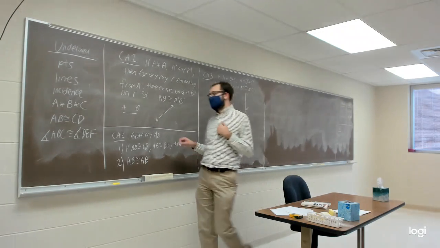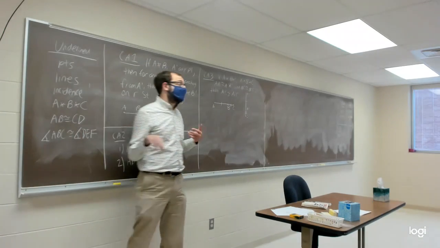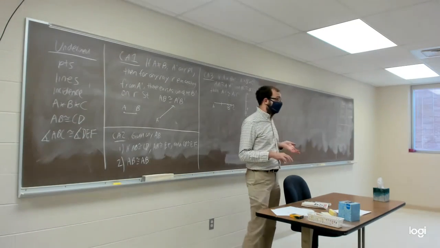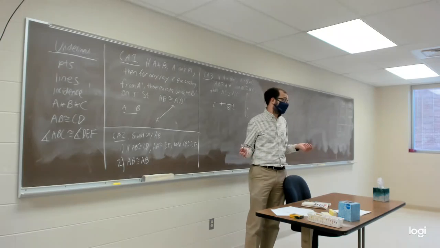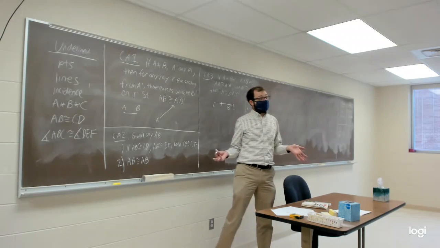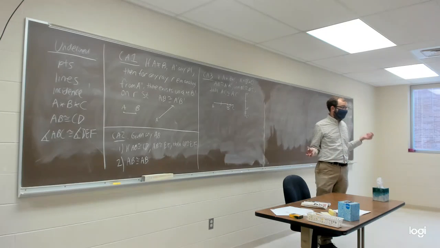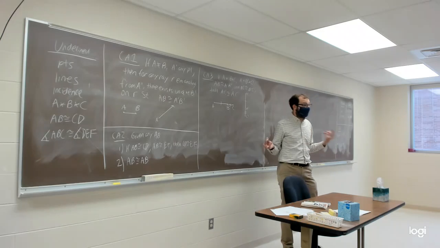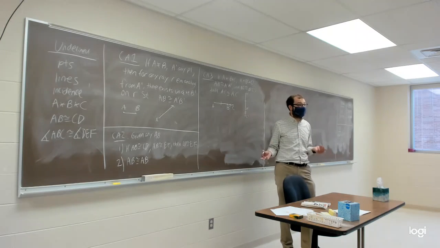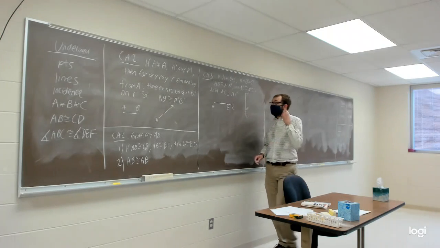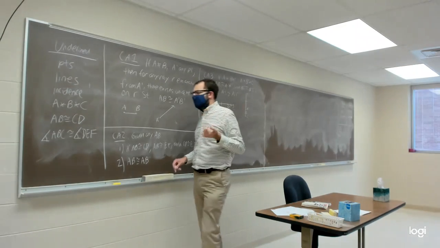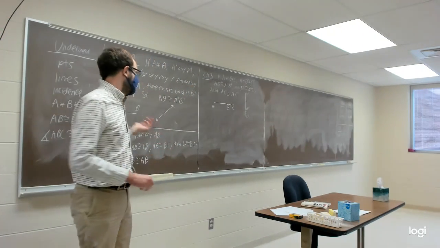We also defined what it means for 2 triangles to be congruent to each other: if there exists a 1-to-1 correspondence between all the vertices so that all 3 corresponding sides in each triangle are congruent, and all 3 angles in each triangle are congruent. And finally, we started talking about our congruence axioms, of which there are 6.